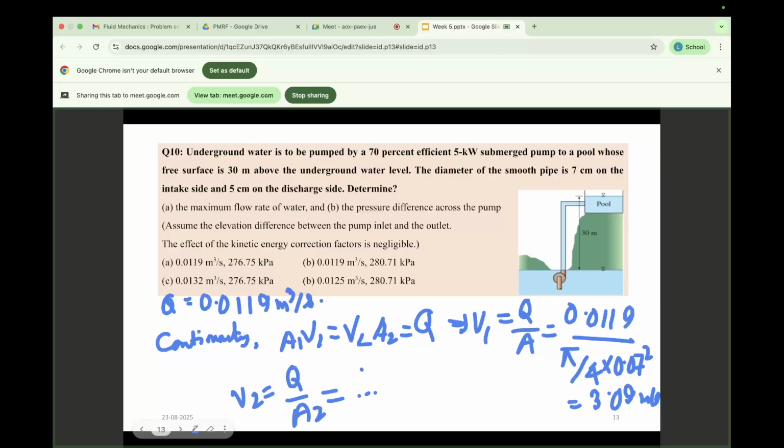So the value is coming out to be 6.06 meter per second.